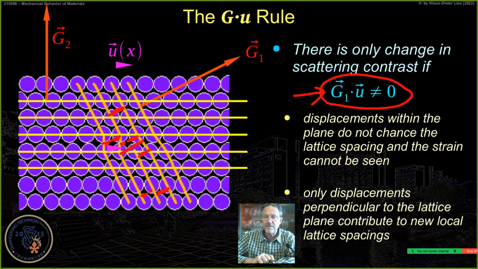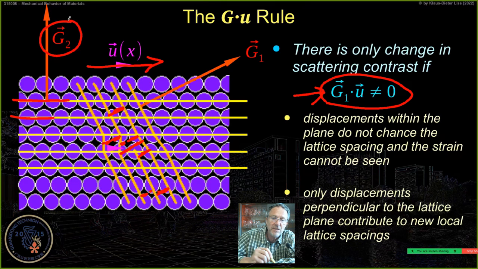In contrast, if u is still horizontal and I put the lattice planes as the yellow planes here, with g as g2, meaning g2 dot u is 0, then I do not see a change of spacing.